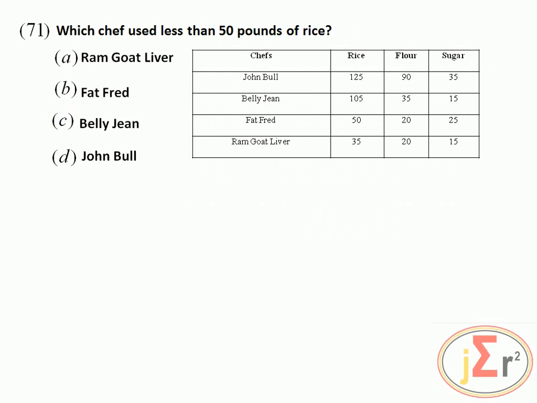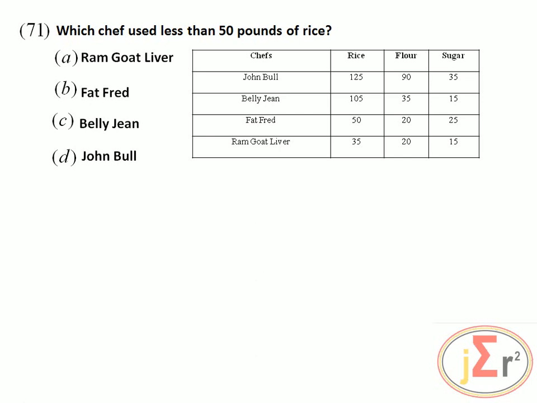Which chef used less than 50 pounds of rice? Of course, this table is showing the chefs and the amount of the products that they use. So that is our table.